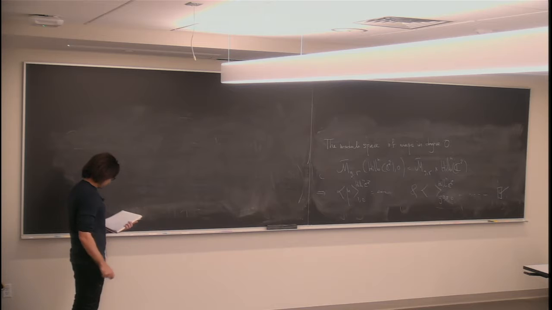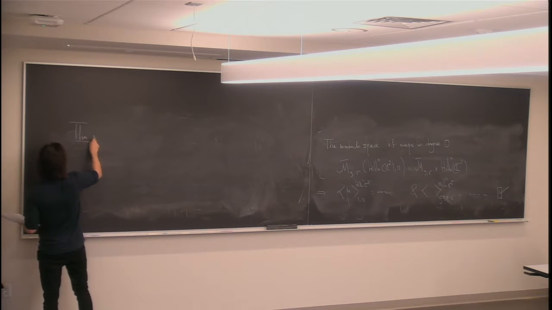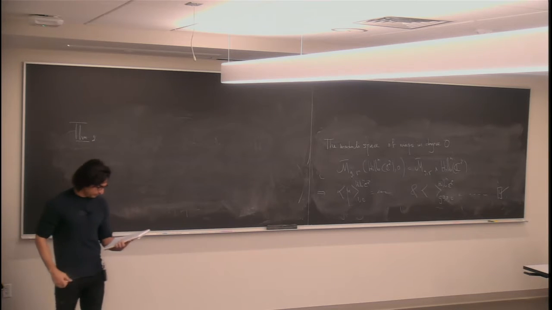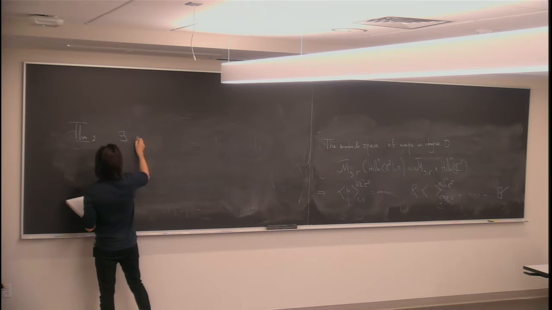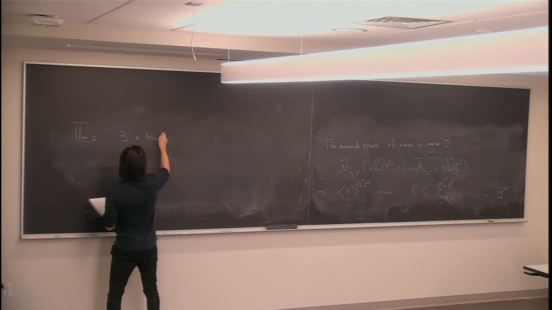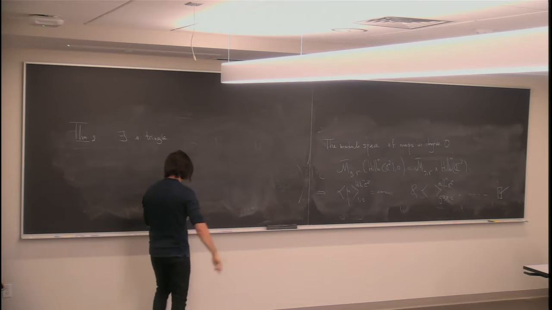Okay. So that is that, and then you have the second theorem, which discusses the following. There exists a triangle, and again, this is just roughly a sketch, so don't go into the detail.